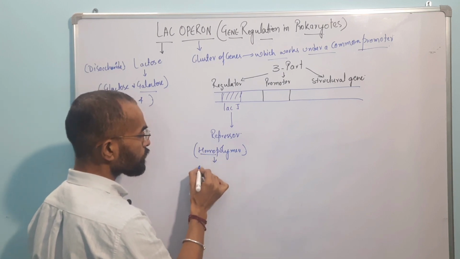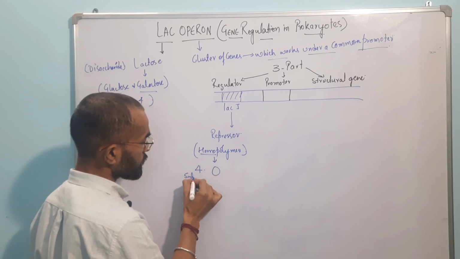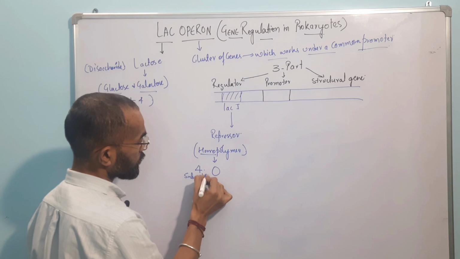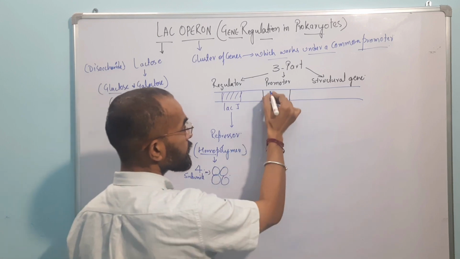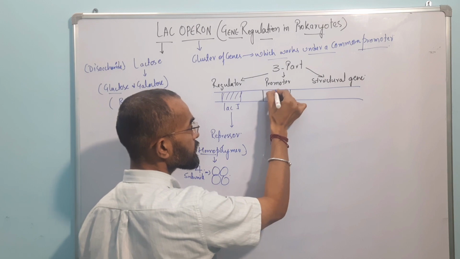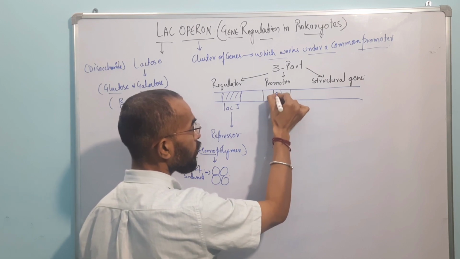How many subunits? 4 subunits. A homopolymer of 4 subunits. Then the promoter contains a sequence in it known as the operator.